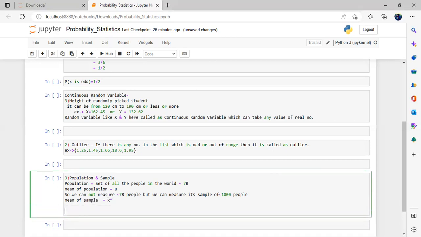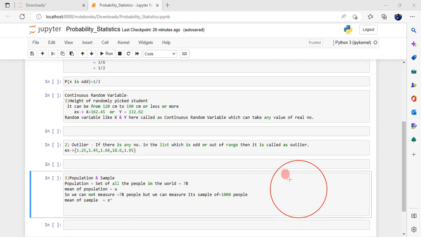The thing is, let me show you again from the diagram. This is your population, and as I said, this is your sample set.